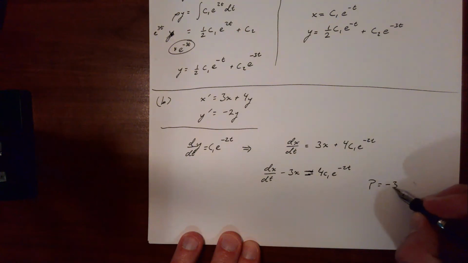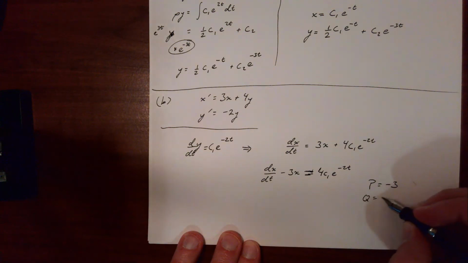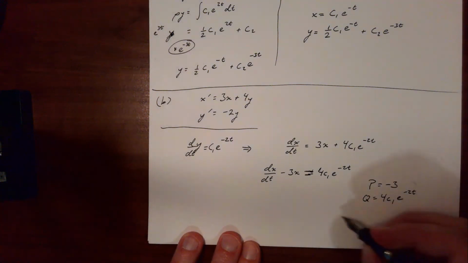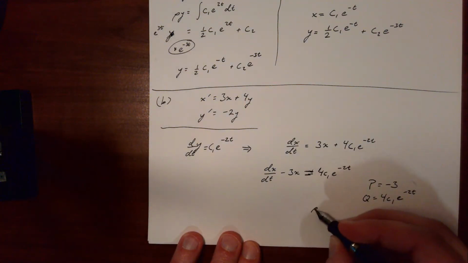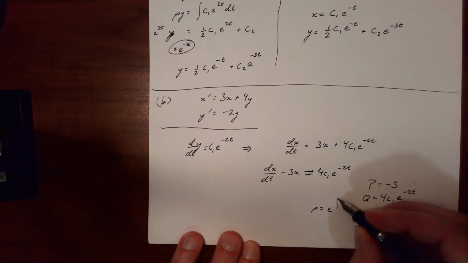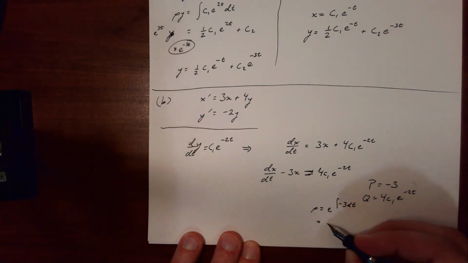So p will be negative 3, just a constant function. The q is going to be 4c1 e to the negative 2t. And so the integrating factor here is rho, which is equal to e to the power of the integral of negative 3 dt, which is e to the negative 3t.